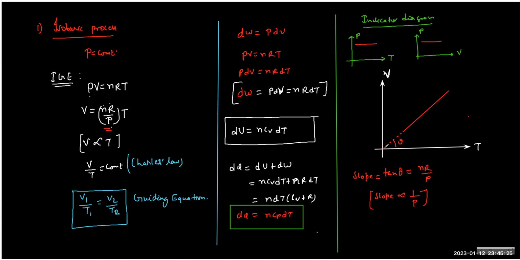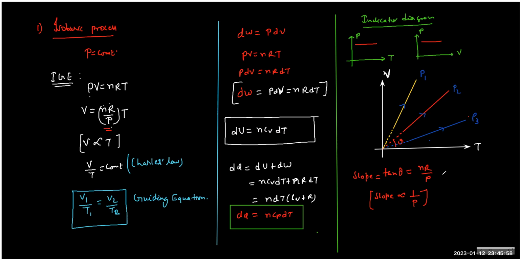So if I draw more number of such graphs, but of course for different systems, not for the same system, and if the first graph is plotted for pressure P1, second for P2, third for P3, can we relate the pressure here?